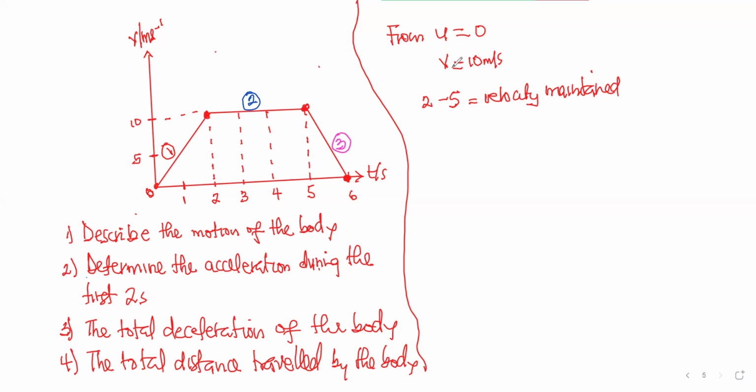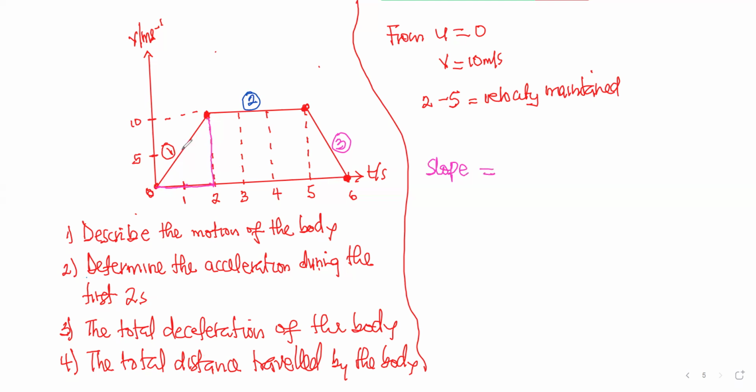So that's it. Then the second question. Determine the acceleration during the first 2 seconds. The body uniformly accelerated during 0 to 1, 1 to 2. And I said that the slope of a velocity time graph would give you the acceleration.